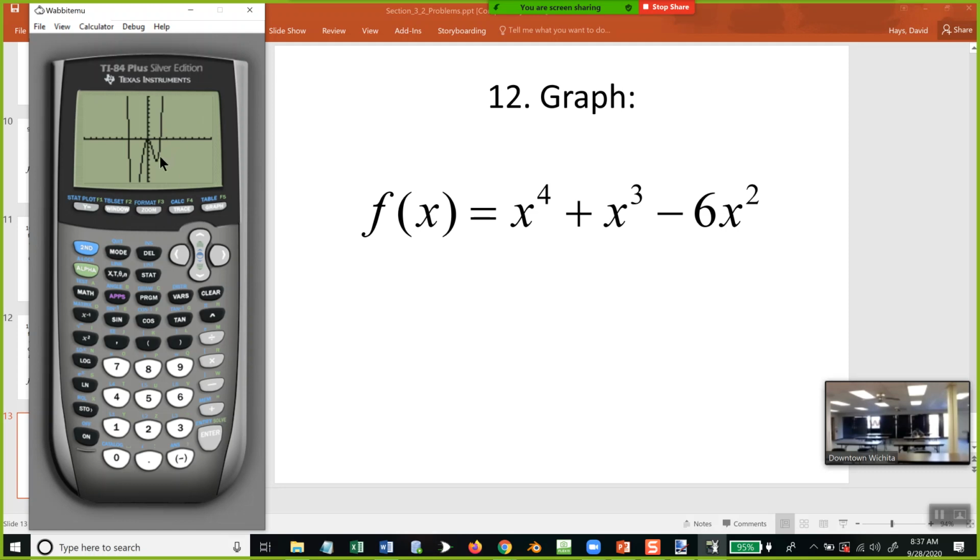Now, if I were to find the zeros on this, let me show you how that compares in the touching and crossing and so forth.